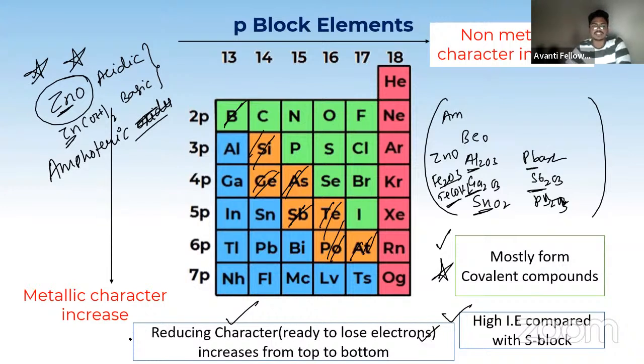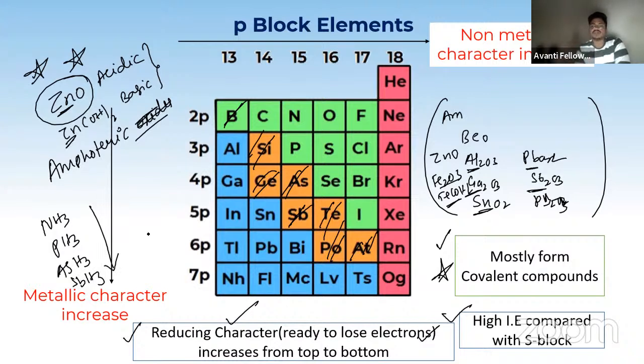Okay. Next one is reducing character. Down the group, they can easily release the electrons, so that's why the reducing character increases. If I ask you about reducing nature, NH3, PH3, AsH3, and SbH3, the reducing character down the group increases.